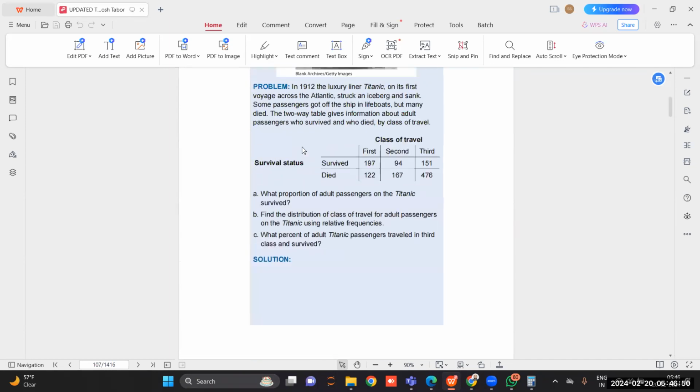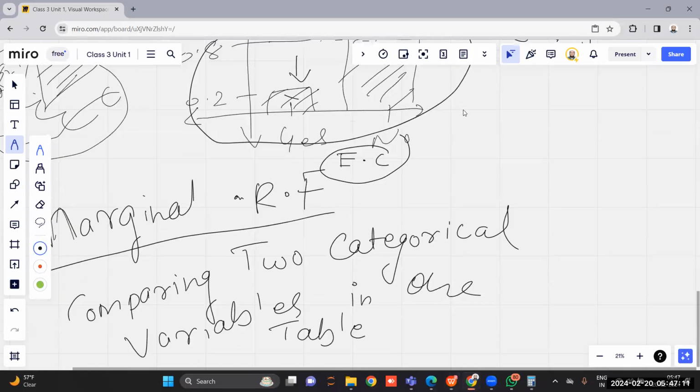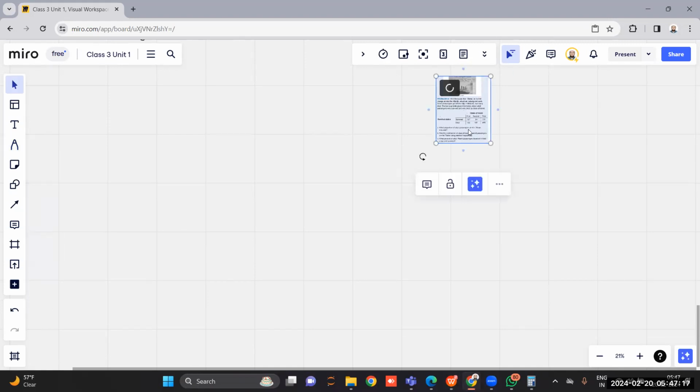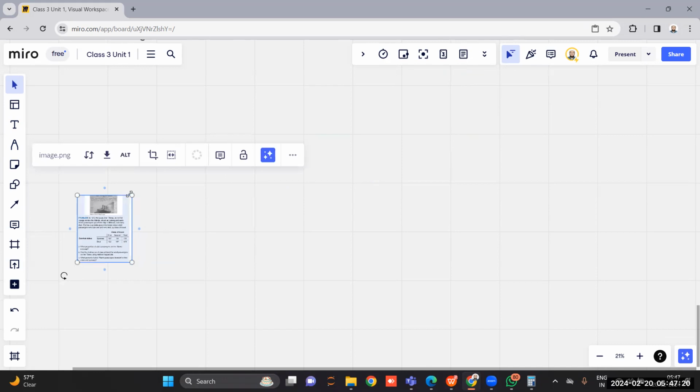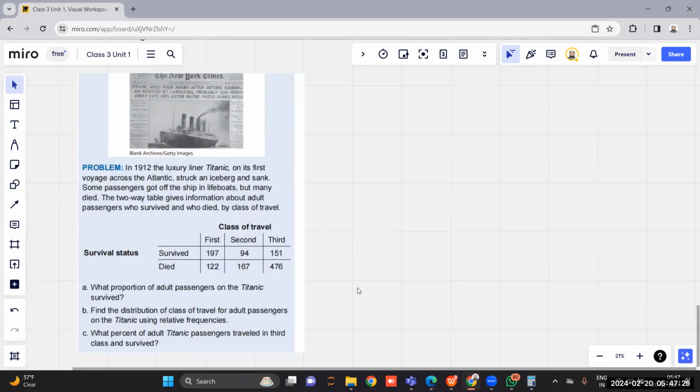Okay, so what are the questions here? First, we'll see this: what proportion of adult passengers on the Titanic survived?